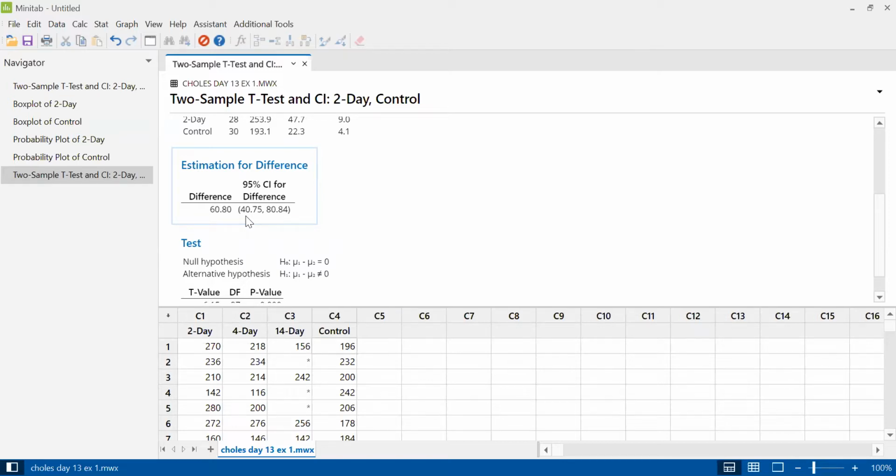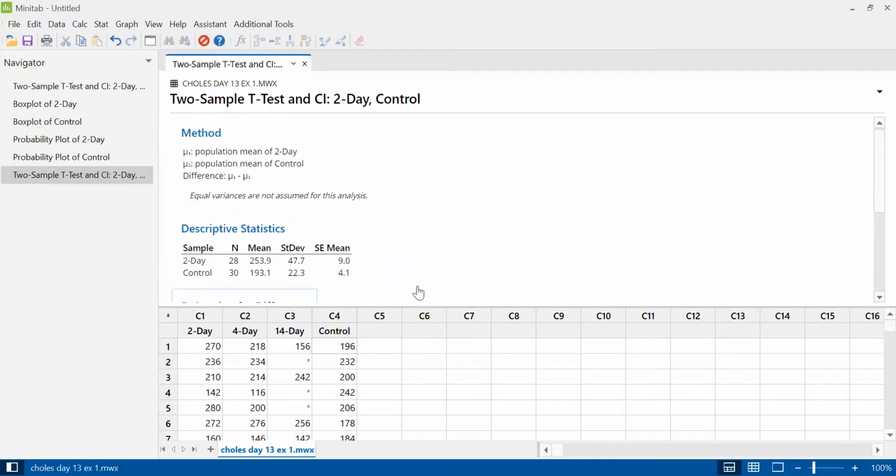Then we want to address if there's a difference. Well, look at my CI. It's all positive, right? All the numbers are positive. So yes, there's a difference. So what kind of difference am I showing? I'm showing there's a difference because everything in my CI is above 0. And that means my first group is greater. Well, the first group was the 2-day, right? That was in my group 1. You could see it right here. Mu1 is the 2-day.